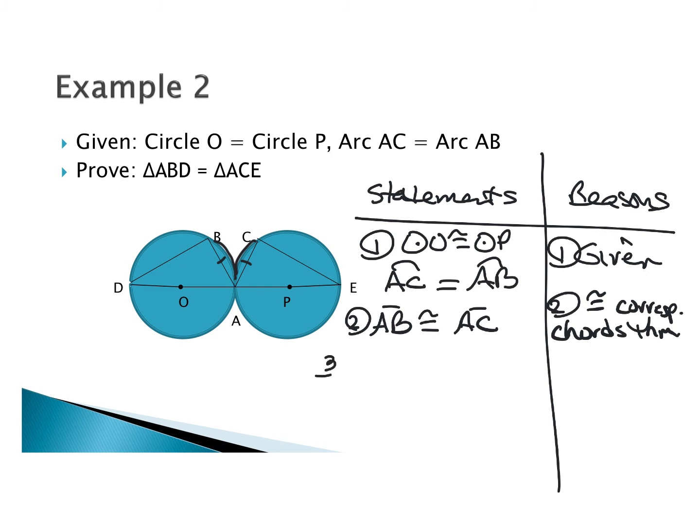Next, what I'm going to bring in is the measure of an inscribed angle theorem. And I'm going to state that angle CEA is equal to half the measure of arc AC, and also BDA is half AB.